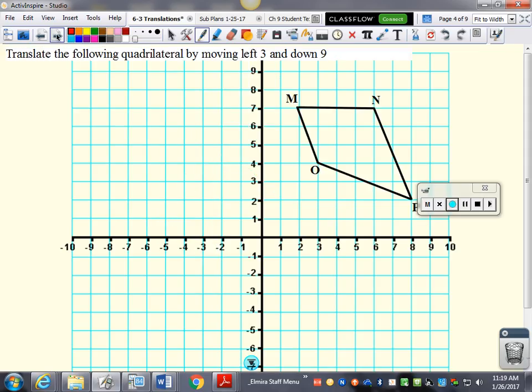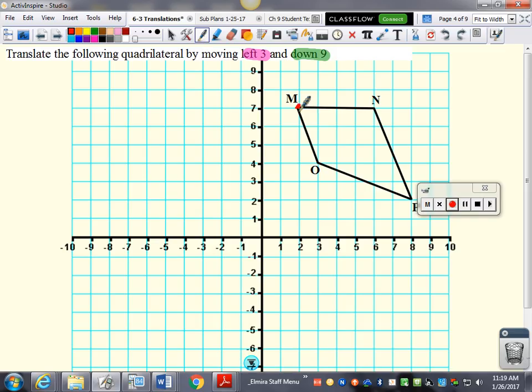Okay, let's do another one. It says translate the following quadrilateral by moving left 3 and down 9. I'm going to do this one without highlighting this time, but follow the pen as it goes on the screen.